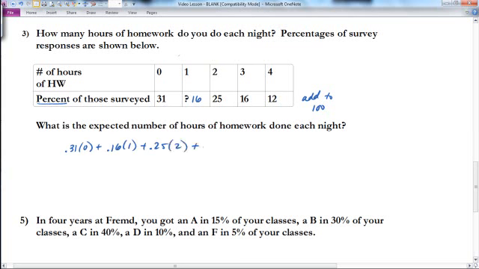You need to remember to write them as a decimal because probability always has to be between 0 and 1. And then we're going to go ahead and calculate this out. And we get that the expected number of hours of homework done each night is 1.62 hours.